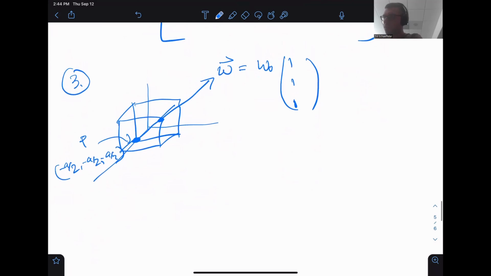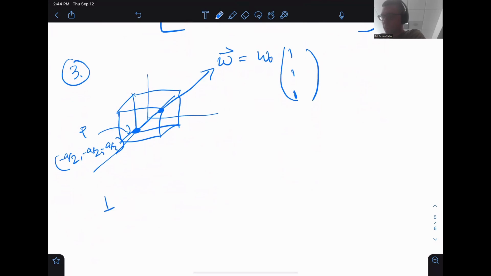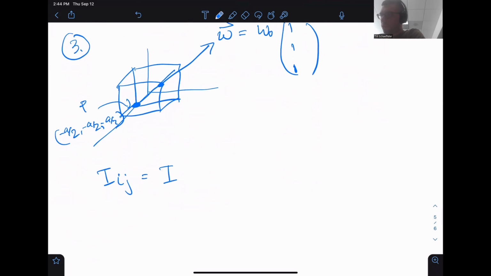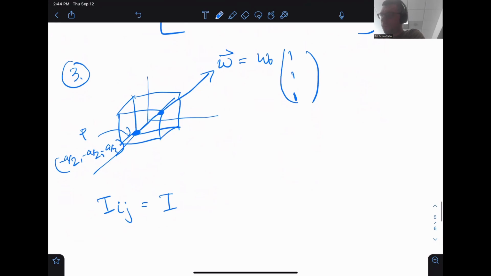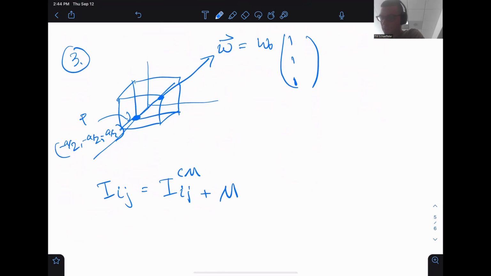But for now, we're going to use this second formula for the moment of inertia tensor, which shifts the moment of inertia tensor by a vector that is parallel to the center of mass. So we have all these components from the center of mass.